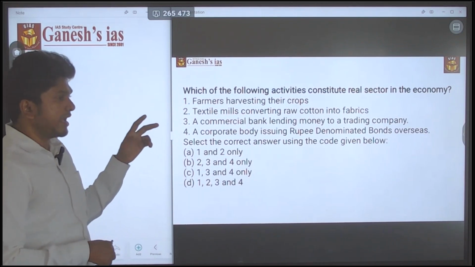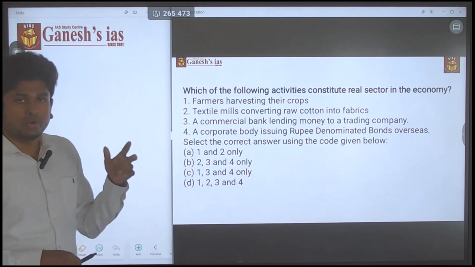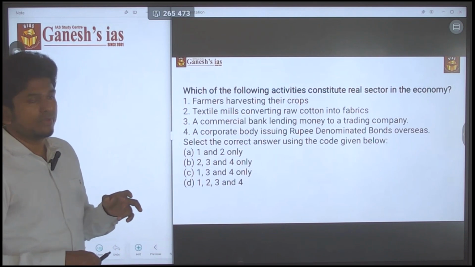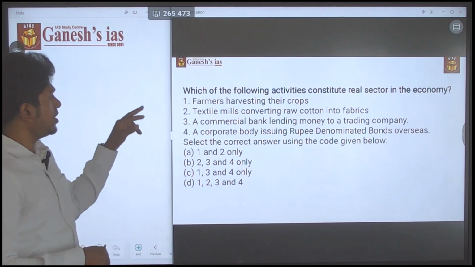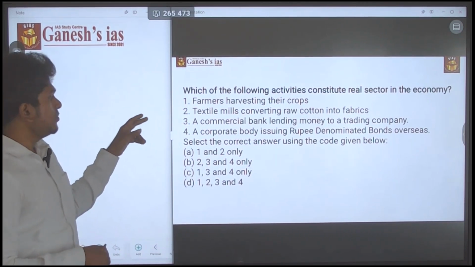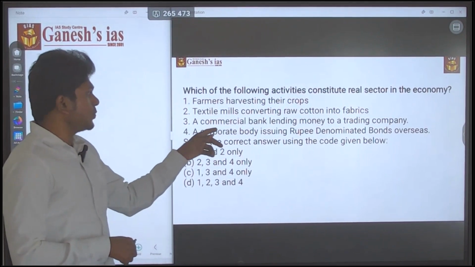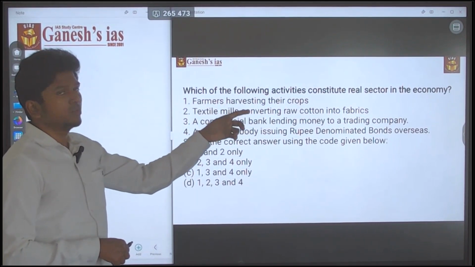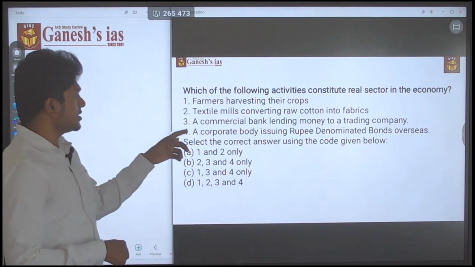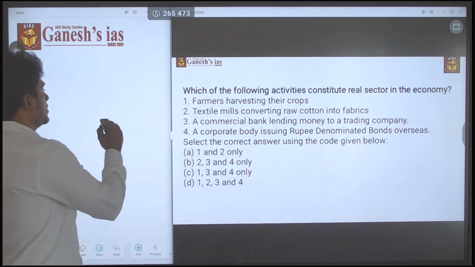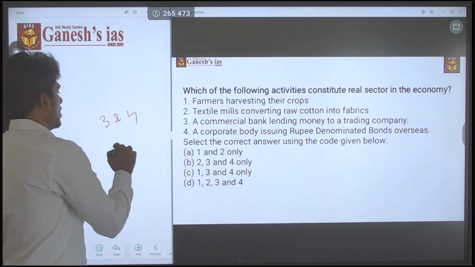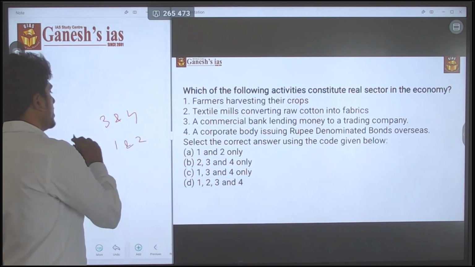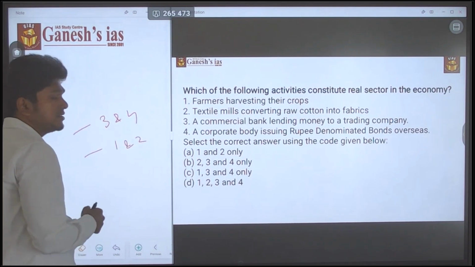So the answer will be either 1 and 2 or else 3 and 4, because you can easily club 3 and 4 and 1 and 2. Both of those are speaking about money, and both of these are speaking about output. So the answer will be either 1 and 2 or 3 and 4.